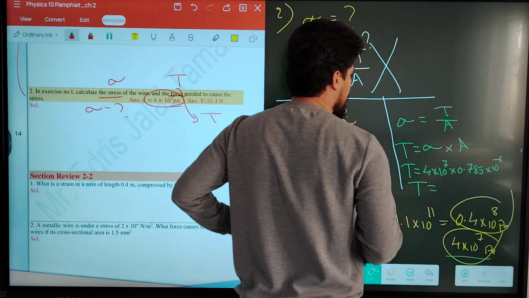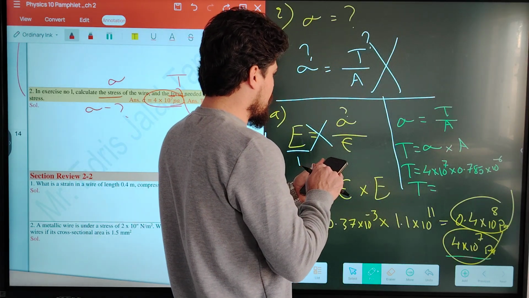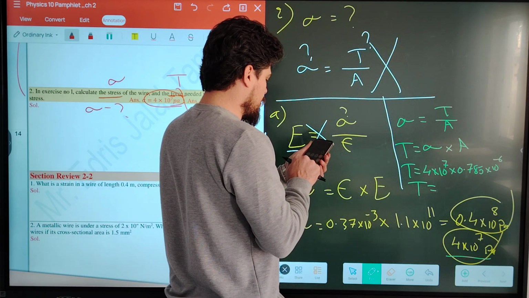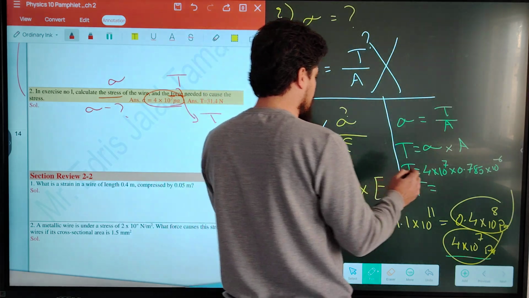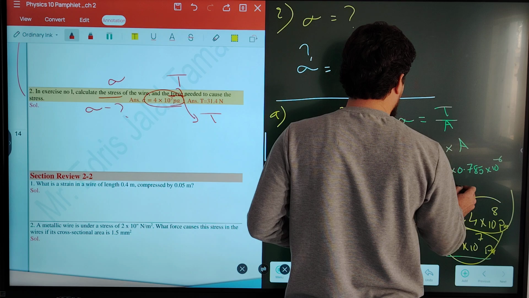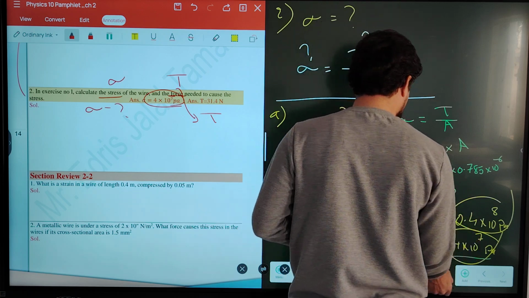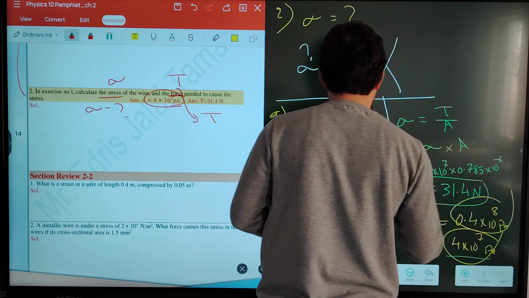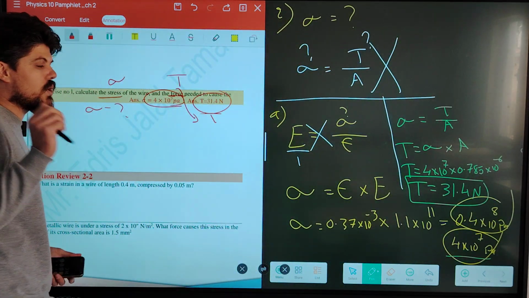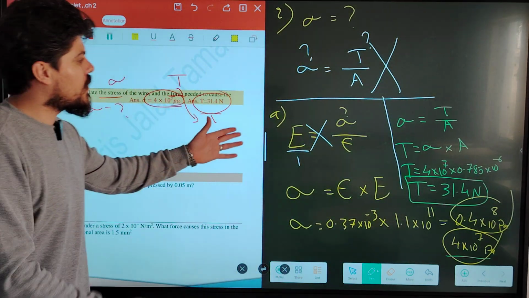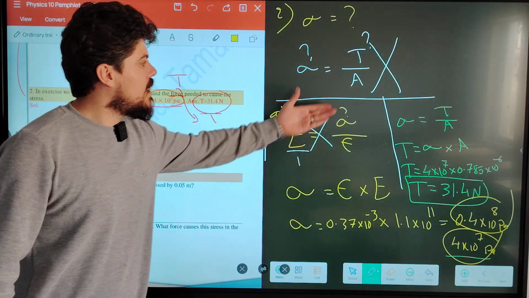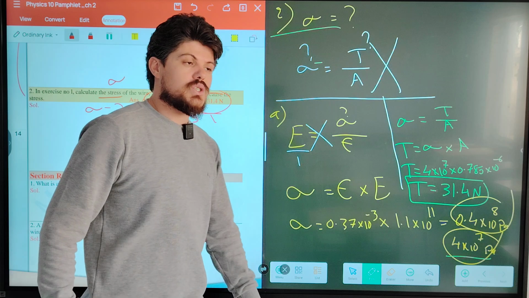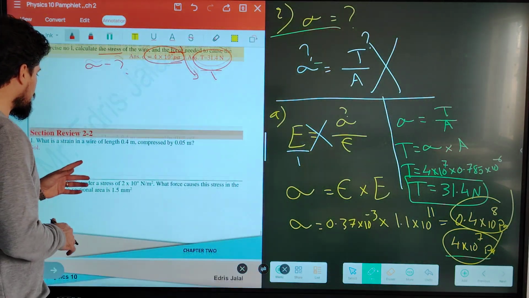Tension is equal to what? 10 power negative 6 with 10 power 7 gives 10 power 1, and 4 times 0.785 is approximately 3.14, so 31.4 Newton. The amount of tension is 31.4 Newton. In this way, you can determine both stress and tension in question 2 that is related to question 1 in practice 2b.